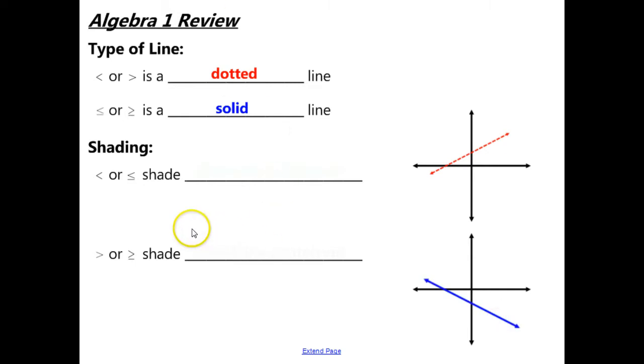Now in regards to shading, if you have a less than or less than or equal to, we are going to shade below the y-intercept. So I'm just going to show that over here because we want all the y values less than. So here's the y-intercept, so we're going to shade everything below it. We need to stay on the bottom side of that line.